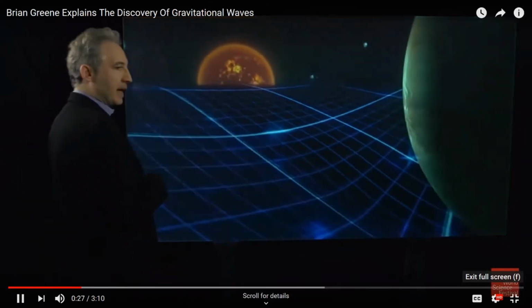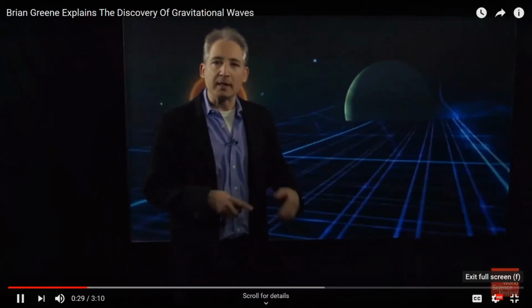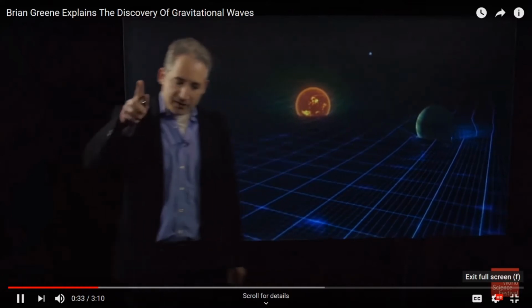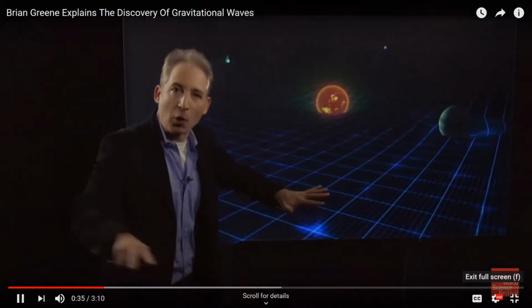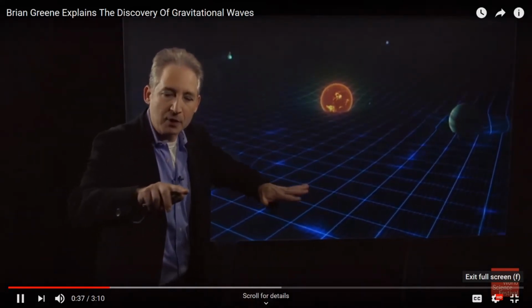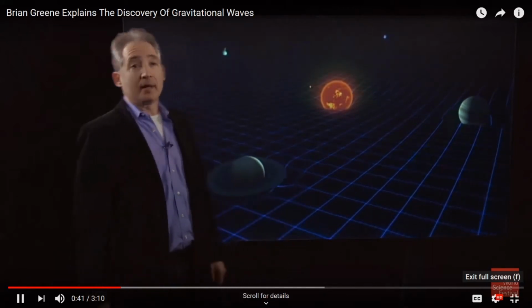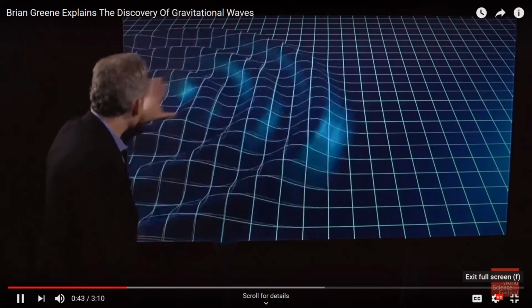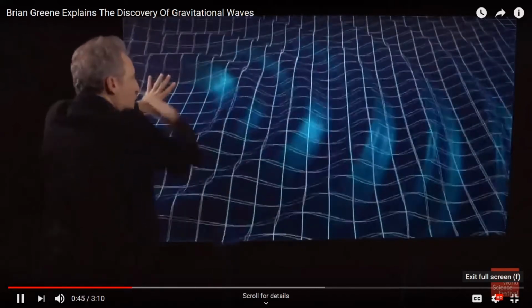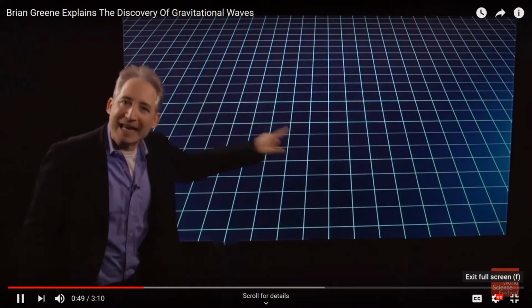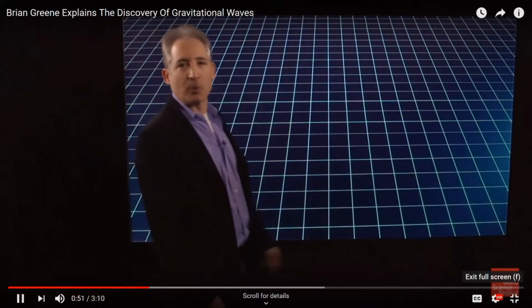Now, barely a year later, Einstein pushed this idea one vital step further. You see, he realized that if space is flexible enough to warp, then it should also be able to ripple, to vibrate, to undulate. And that would mean that if something were to jostle the fabric of space-time, it should send out ripples in the fabric of space, and it's those ripples that we now call gravitational waves.